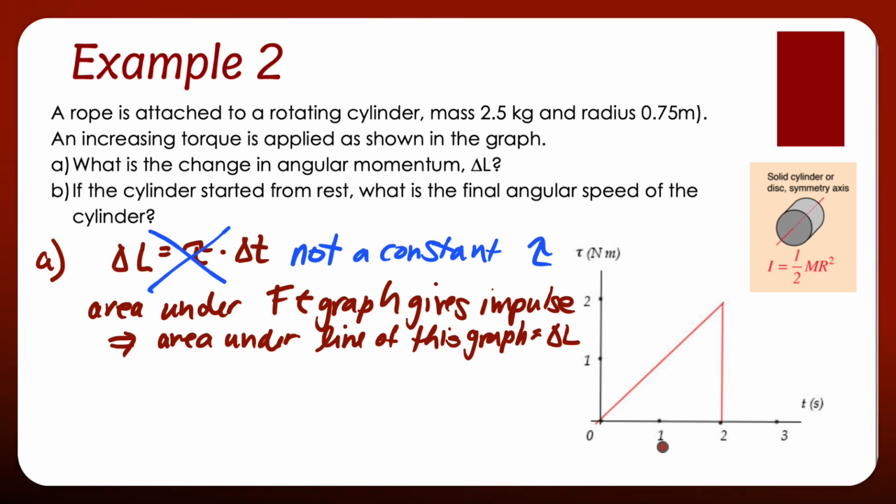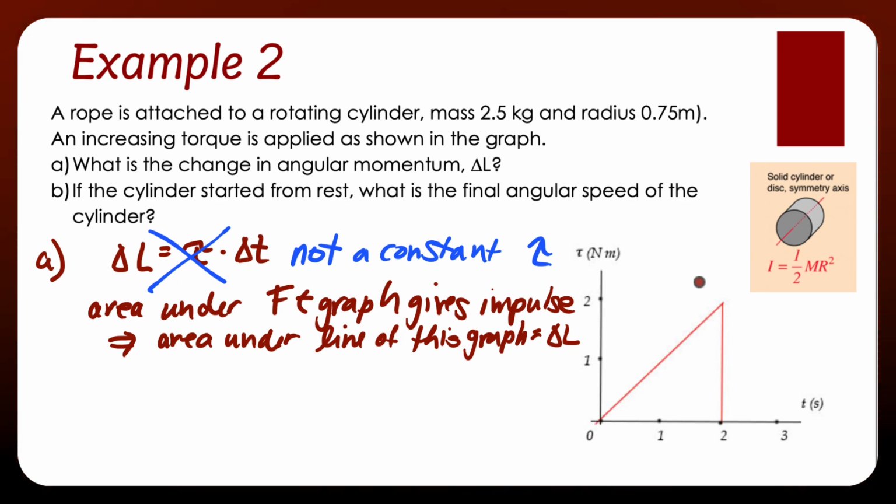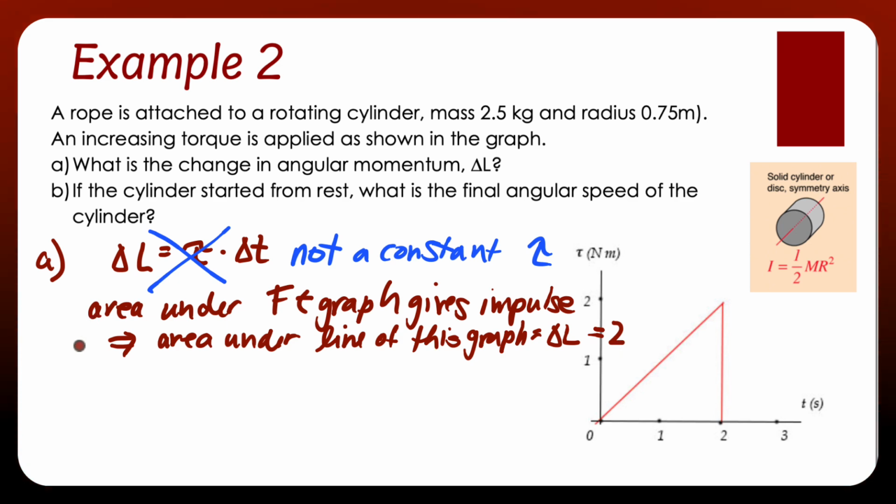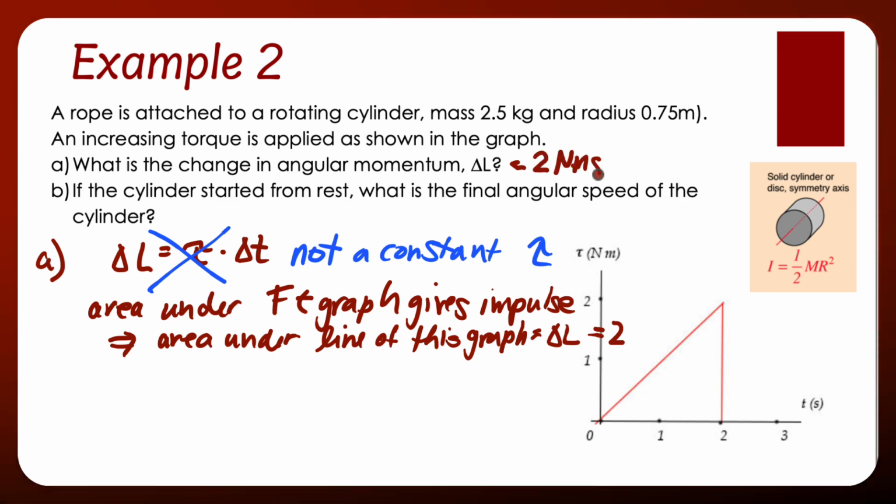And it's just a triangle, one half base times height. And that will be one half times 2 times 2, which will give me 2. Okay, so there's my answer here. The units will be newton meter seconds.